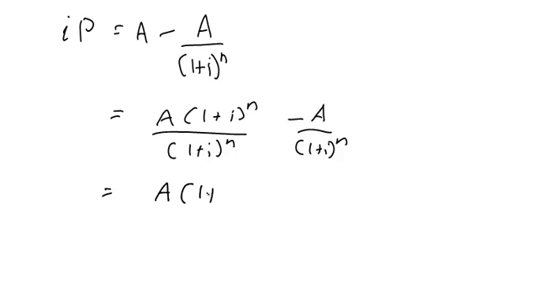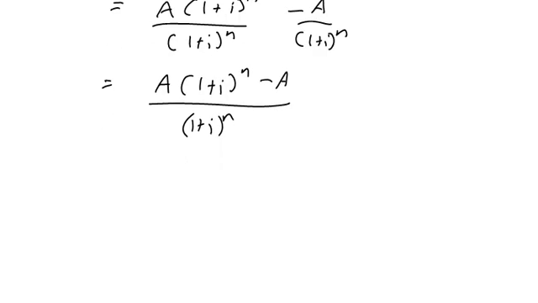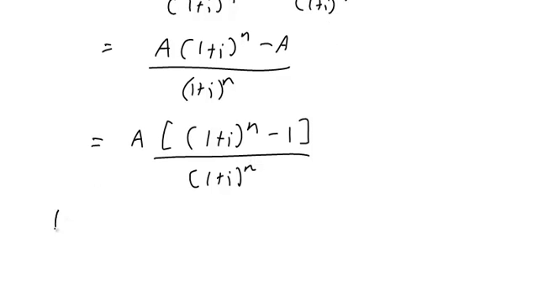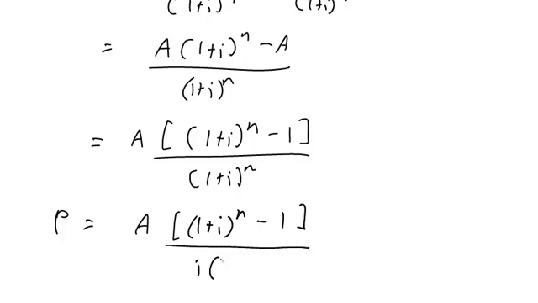And then I get a times 1 plus i to the n minus a over 1 plus i to the n. And then I can pull the a out of the top. And then I've still got iP equals this, so I can divide both sides by i. P equals a times 1 plus i to the n minus 1 over i times 1 plus i to the n. Okay, so that's another formula.